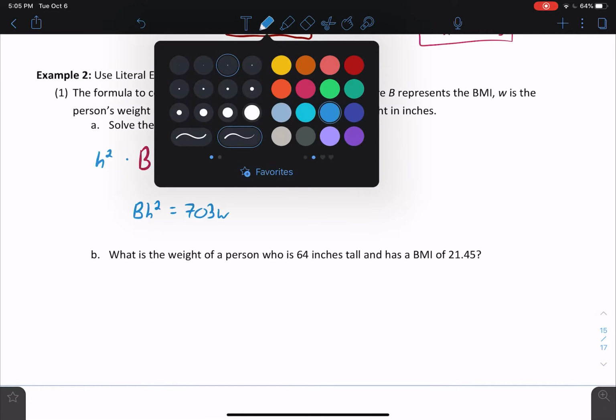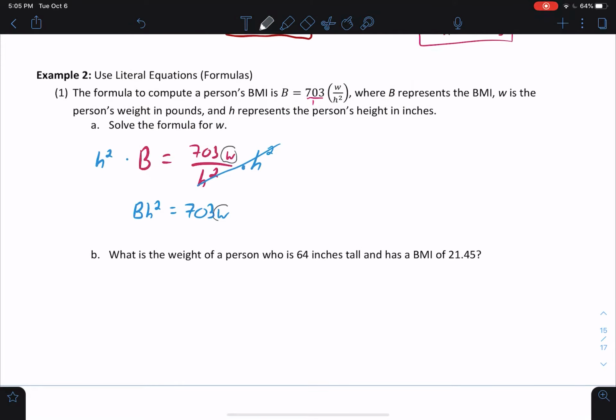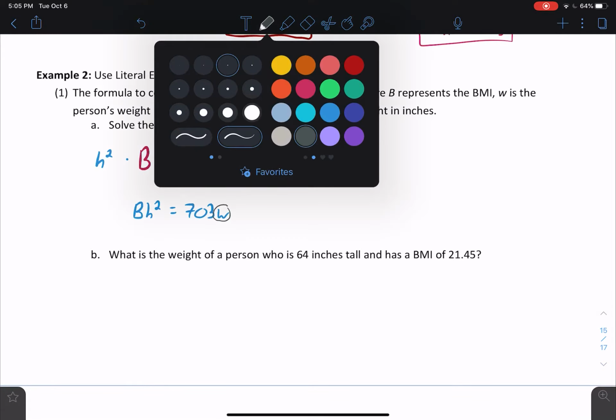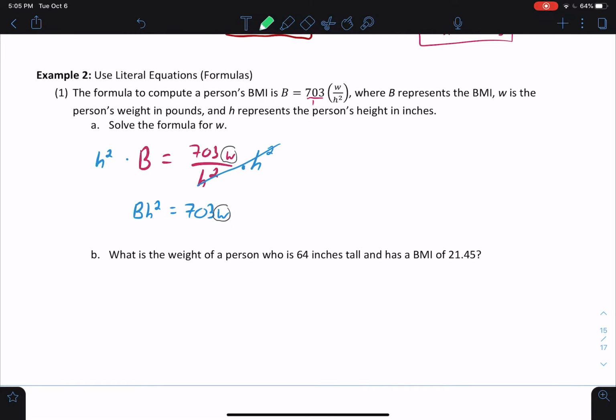Now remember, our end goal is to get the W by itself. So what's the 703 doing to W? Multiplying. How do I undo multiplication? I divide. So W equals B times H squared on top, all over 703.